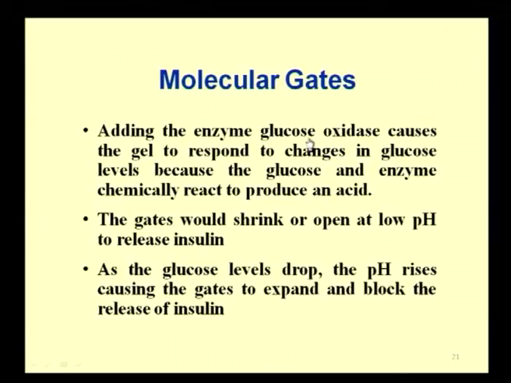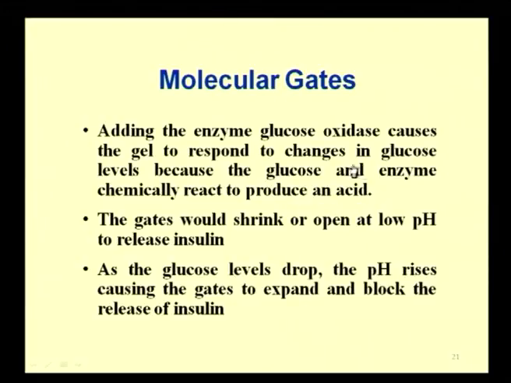Adding the enzyme glucose oxidase. When the glucose oxidase enzyme is added, it causes the gel to respond to the changes in the glucose levels, because the glucose and the enzyme, that is your enzyme glucose oxidase, chemically react with each other in order to produce an acid.